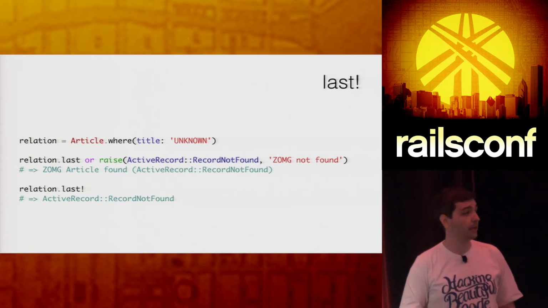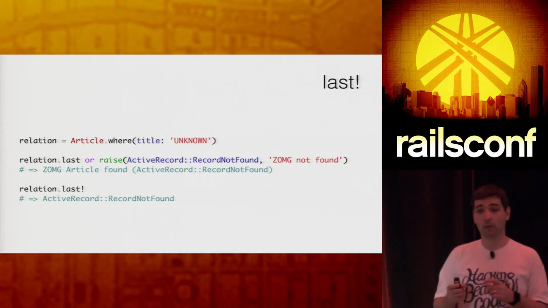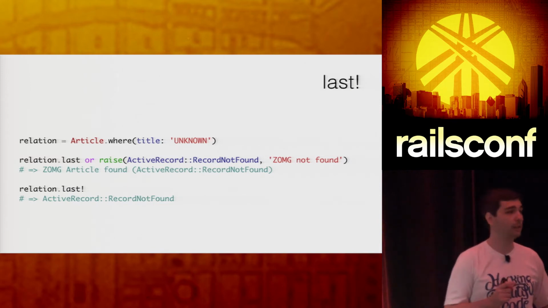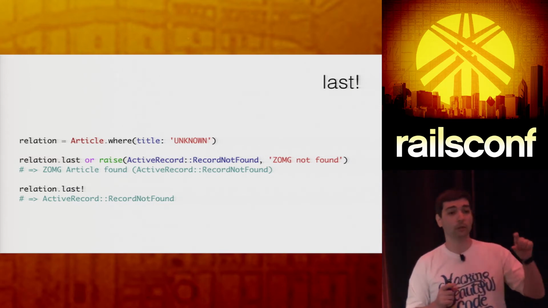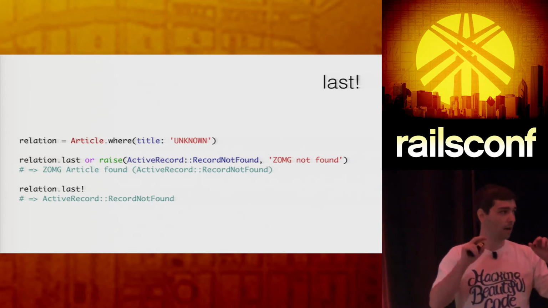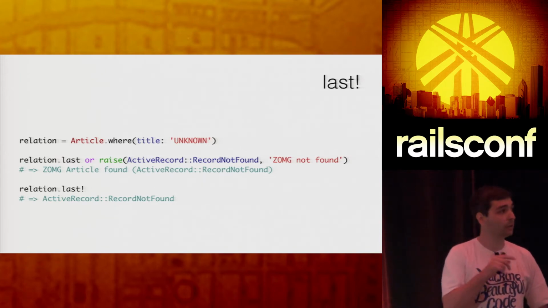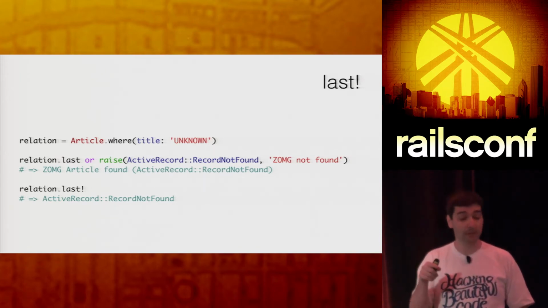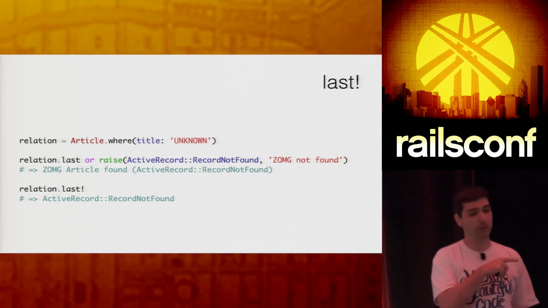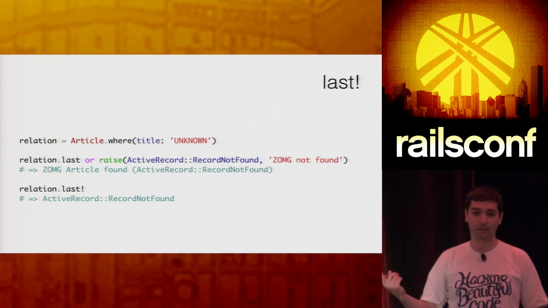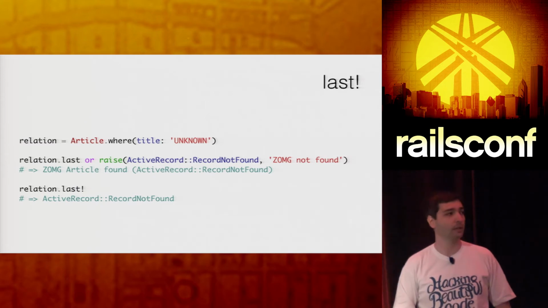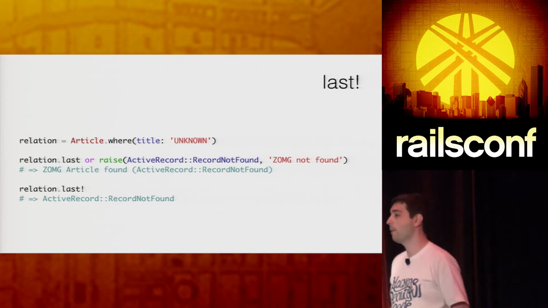And the same happens for last, right? The only minor catch there is that it's only going to raise the error. There is no contextual message for that. So if you want a contextual message, you either need to raise your own error, or we can send a patch, this is improving Rails, right? This is something that we can do there.